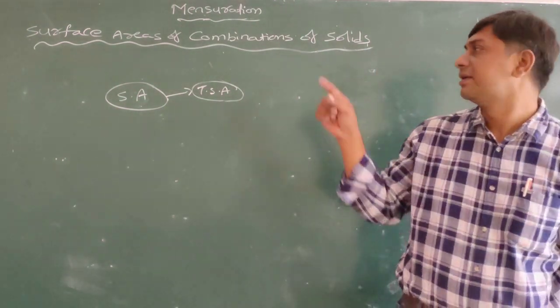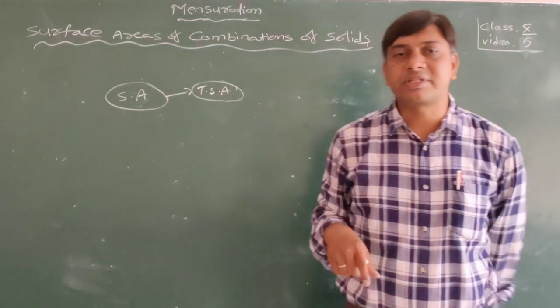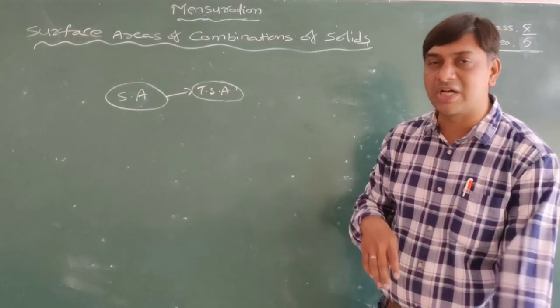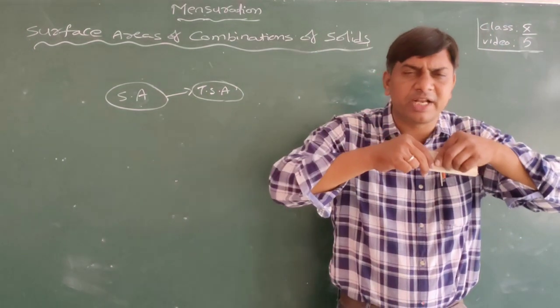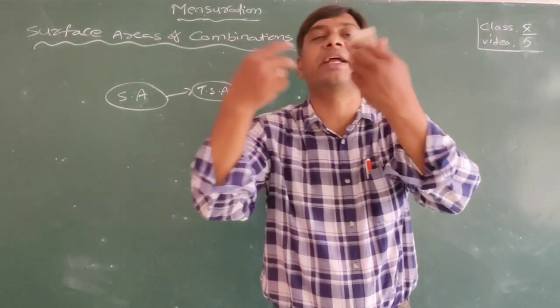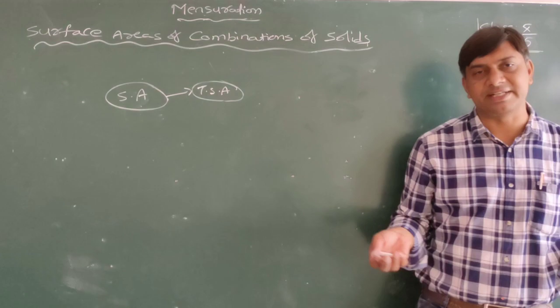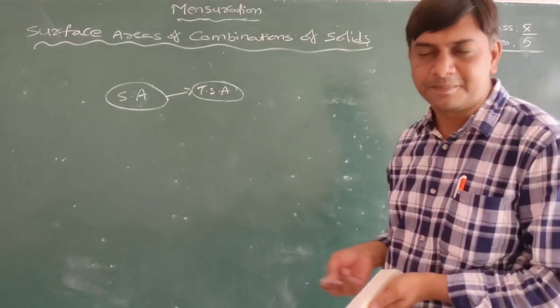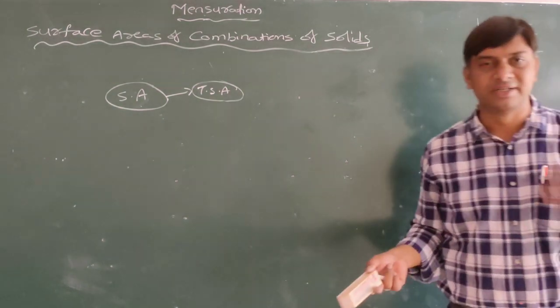For which type of solid? Combinations of solids means two or more solids are joined together, and they will ask for the resultant solid's surface area or volume. Generally they ask for surface area here. The next concept, volumes, comes in the next exercise.